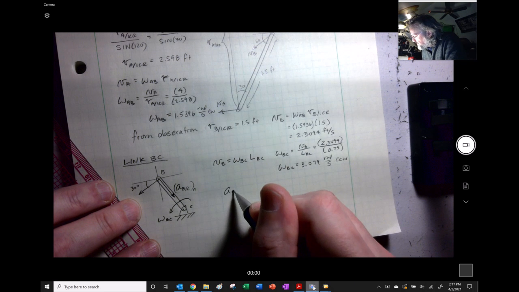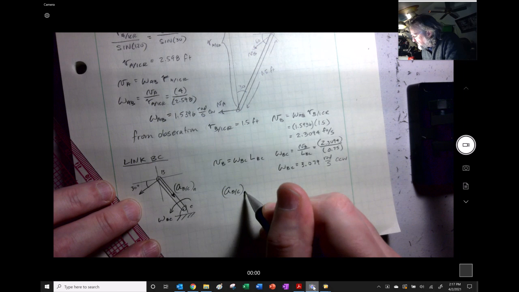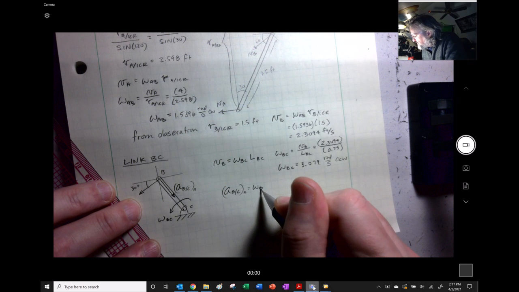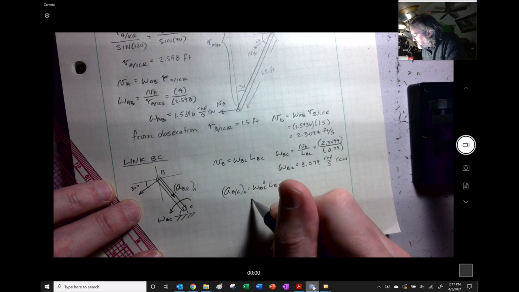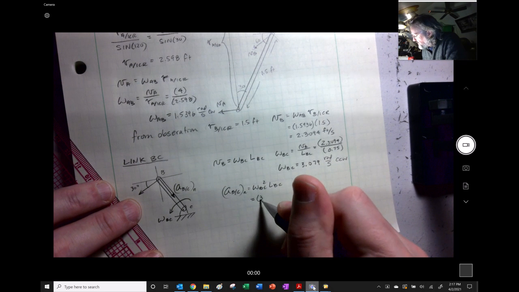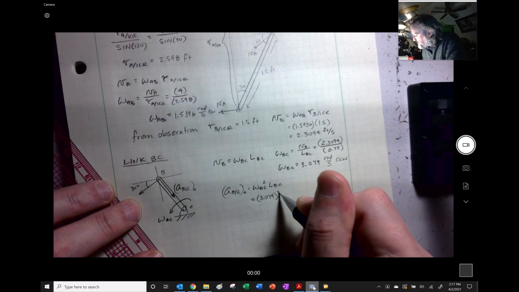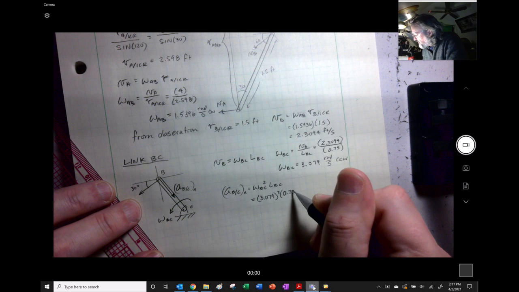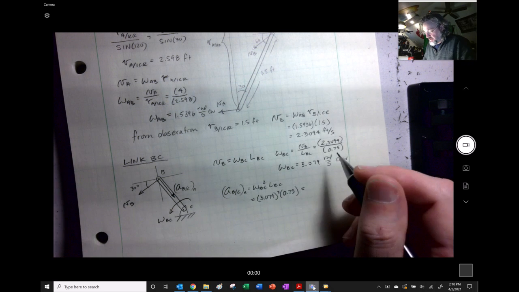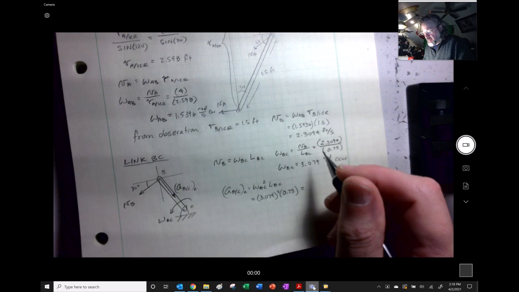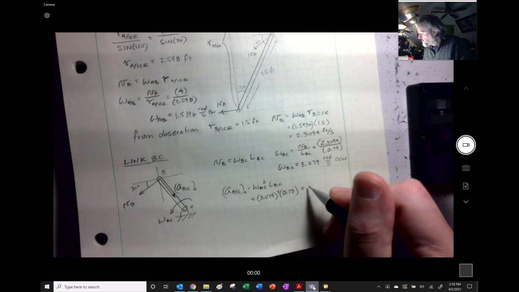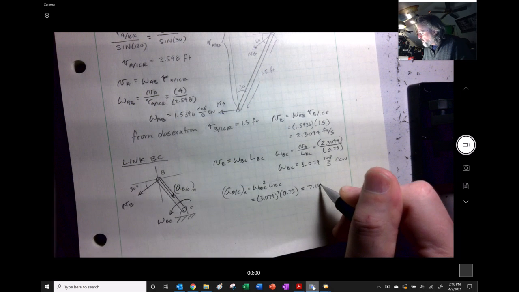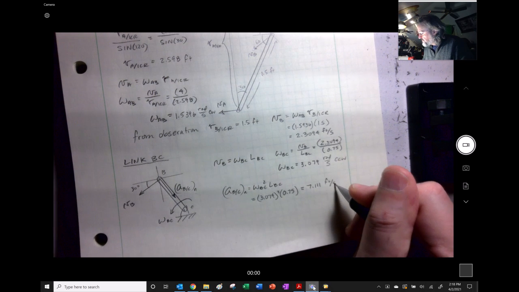We know that the acceleration of B with respect to C is going to be omega BC squared times LBC, which is 3.079 squared times 0.75, and so we get as a value here, 7.111 feet per second squared.